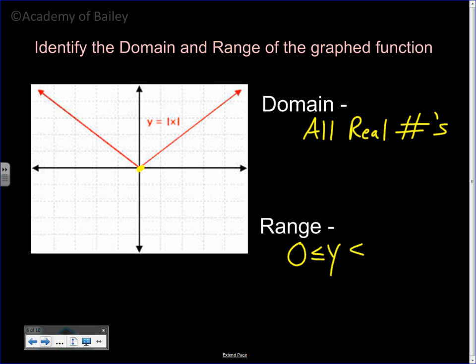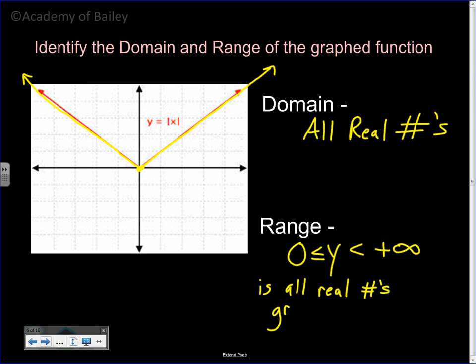And then what's the highest y value? Well, if we notice that this keeps going up, and this one here keeps also going up. So if it keeps going up and it's never going to stop, that means it goes towards positive infinity. You're probably not going to see the answer choice like this. You're probably going to see the answer choice that says the range is all real numbers.